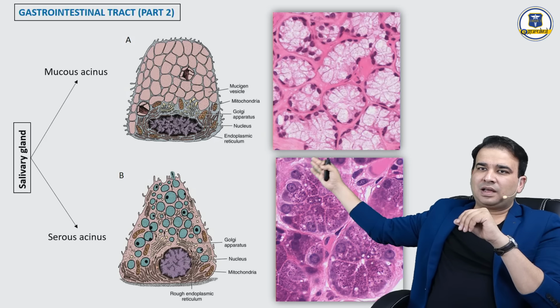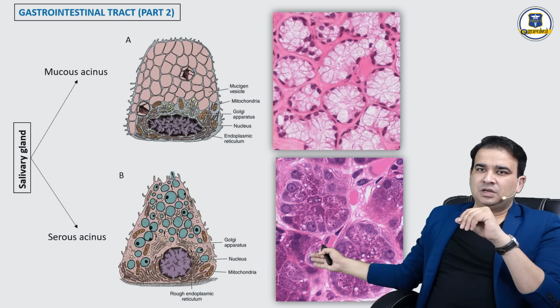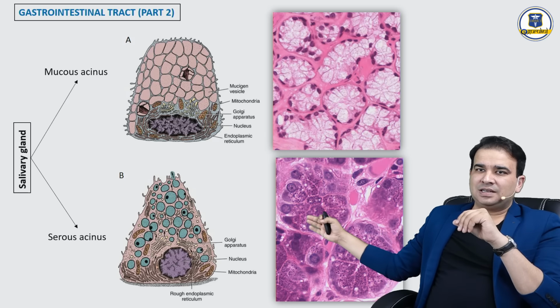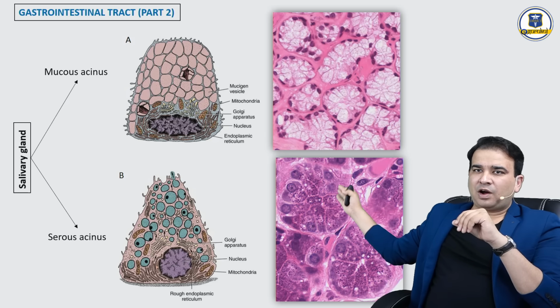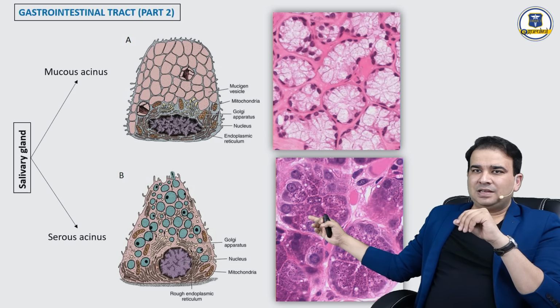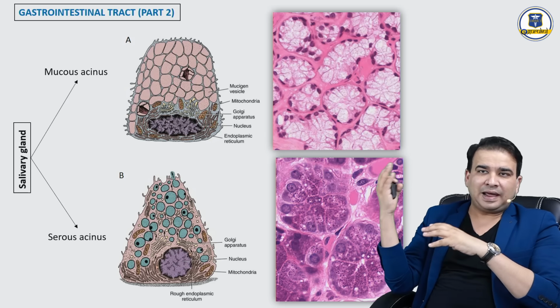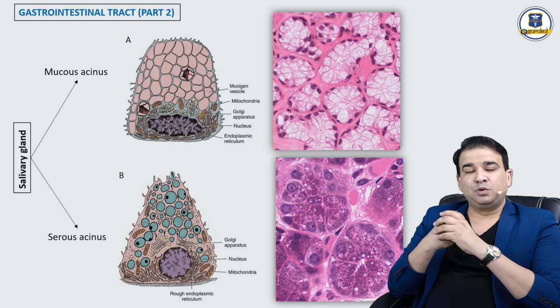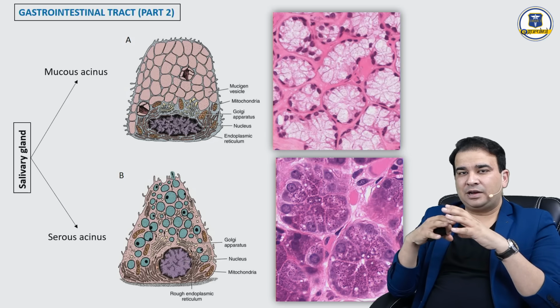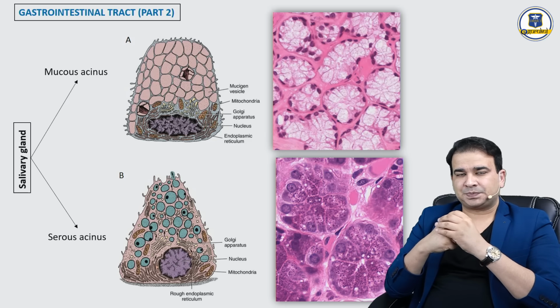Look at this section in which you can see 2 or 3 serous acinus. Look at all these rounded nuclei, and then look at all these granules present in the apical region of the cell. And unlike the mucous acinus, the cytoplasm doesn't look clear in this case.